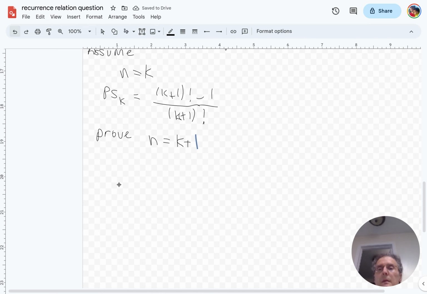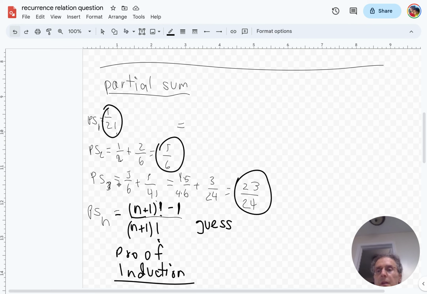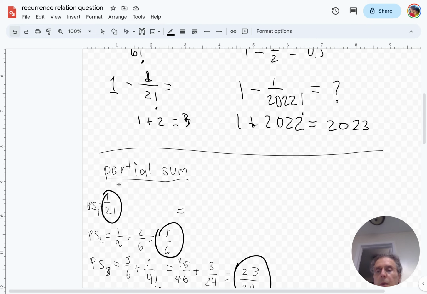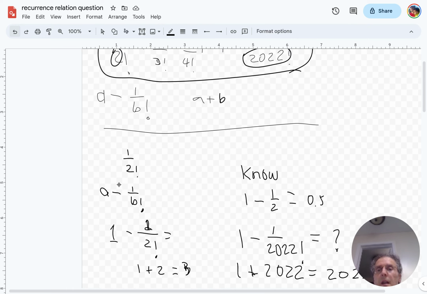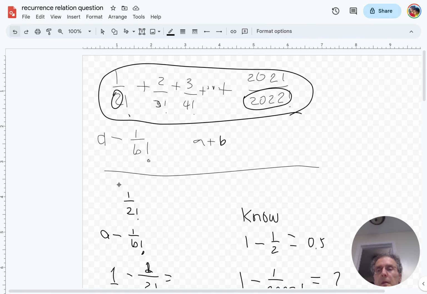The next step. Well, what is the partial sum at k plus 1? Well, we have to add. What do we add? The k plus 1th term, right? And the k plus 1th term looks a lot like this thing up at the top here.